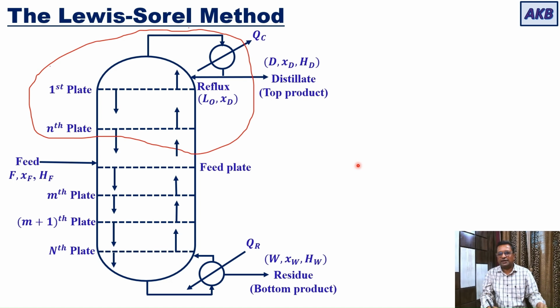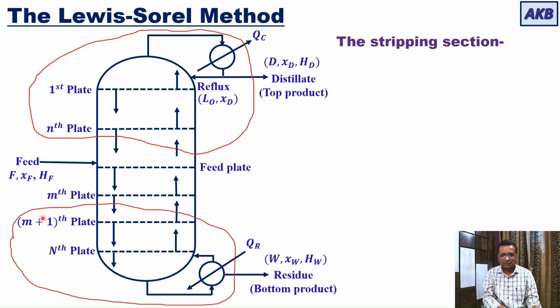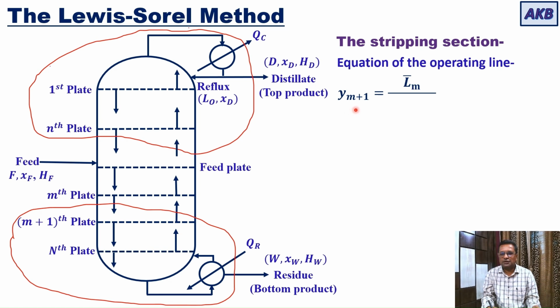Now let us look at the stripping section. As you know, the stripping section is the section of the column below the feed plate. So this is the stripping section. The equation for the operating line for the stripping section is y_{m+1} = (L̄_m/(L̄_m − W)) x_m − (W/(L̄_m − W)) x_W.